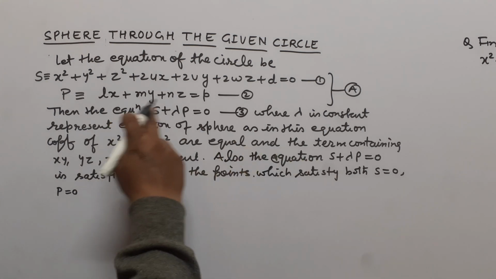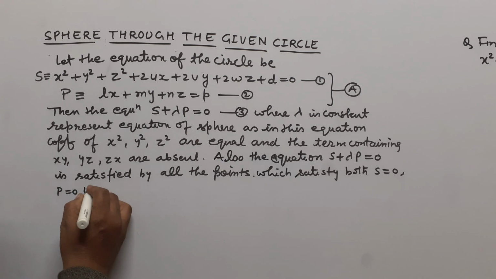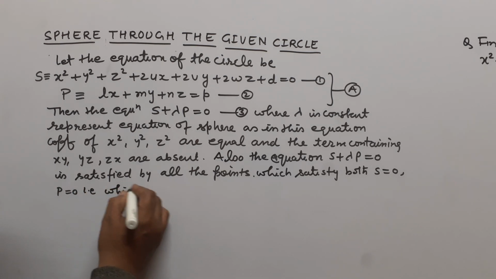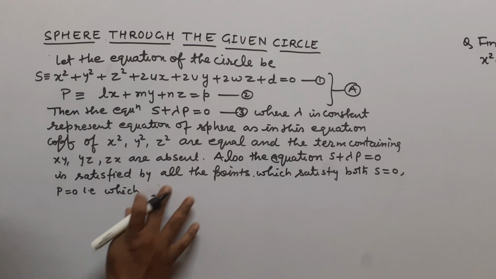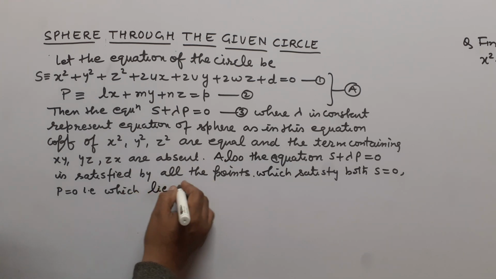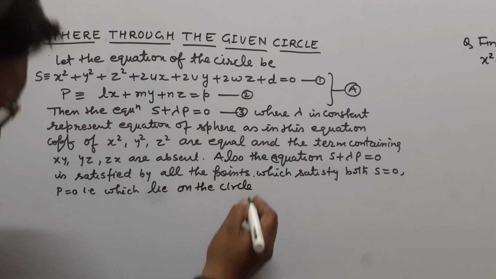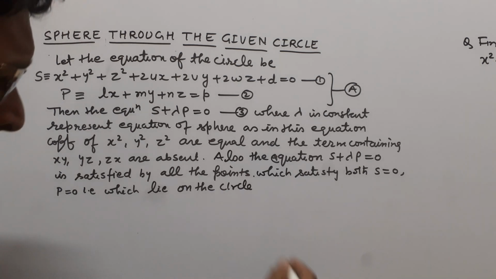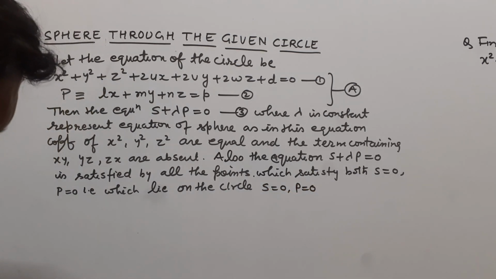Here this equation S plus lambda P is equal to 0 is satisfied by all the points which satisfy both S is equal to 0 and P is equal to 0, that is, which lie on the circle S is equal to 0, P is equal to 0.